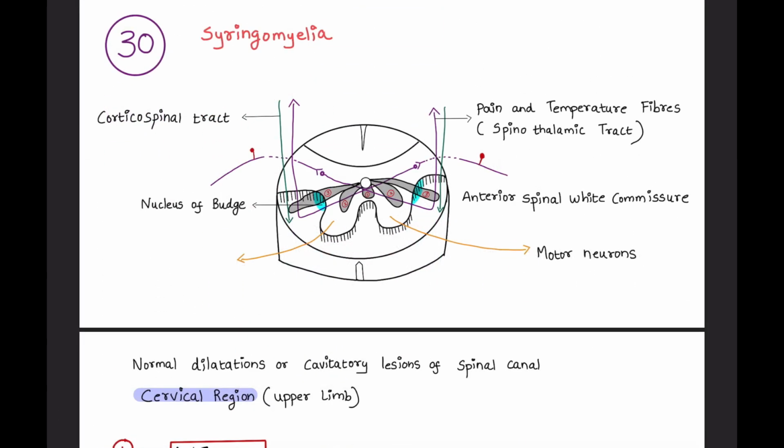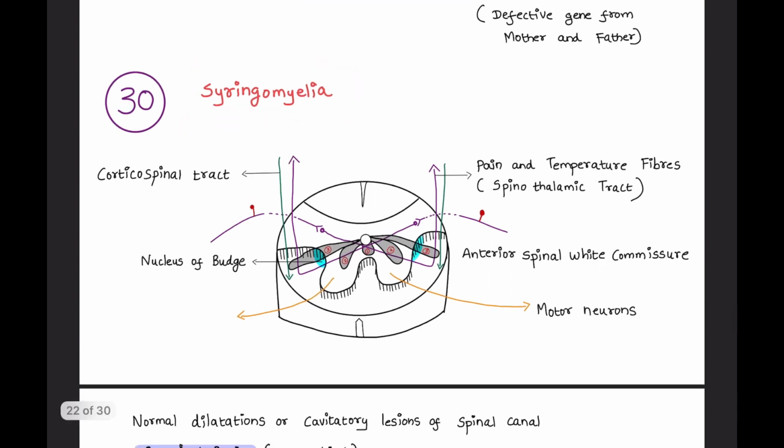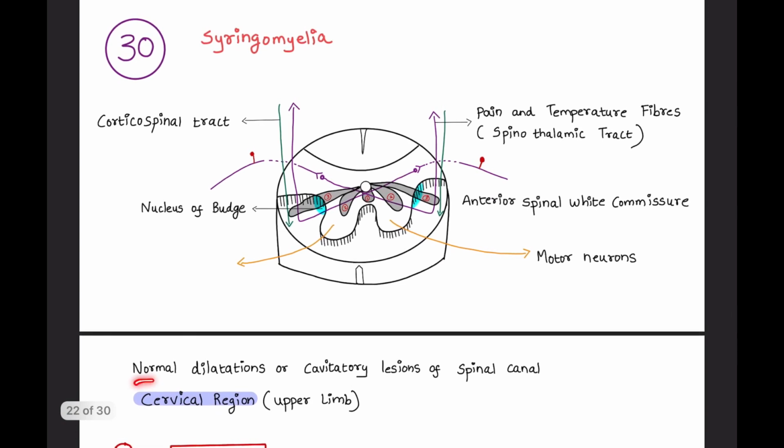The next condition is known as Syringomyelia. In Syringomyelia, there are dilatations or cavitated lesions of the spinal canal. Dilatations means there is dilatation of the spinal canal, and cavitated lesions means inside the spinal canal there may be cavitatory lesions.